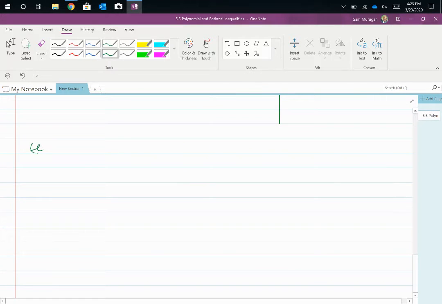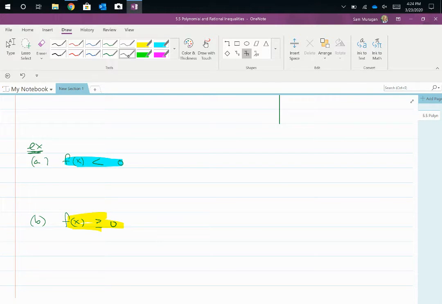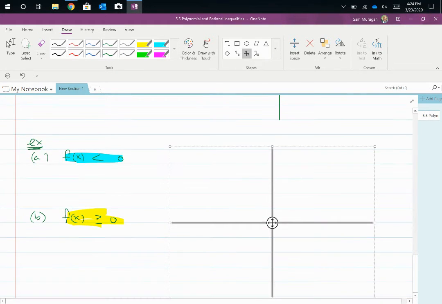If the graph has a vertical asymptote or more than one vertical asymptote, then we have other issues to consider because remember the graph cannot intersect the vertical asymptote. So f of x greater than or equal to 0. So this is our blue, this is our yellow. I'm going to do a little graph here.